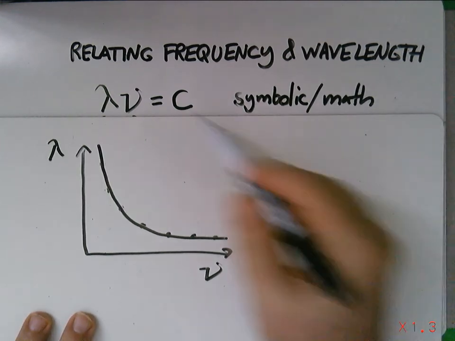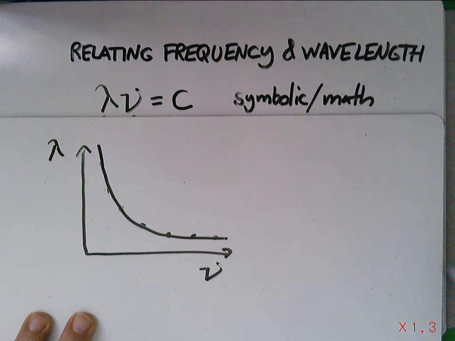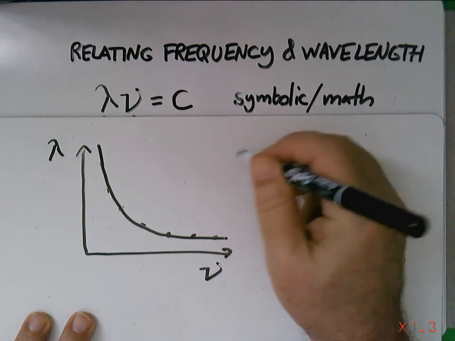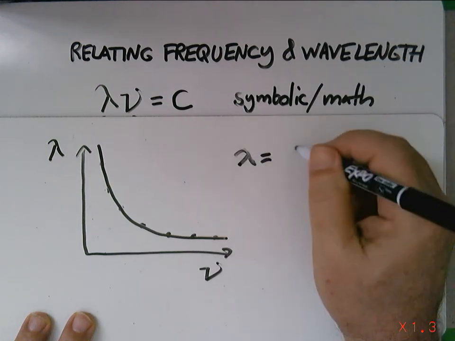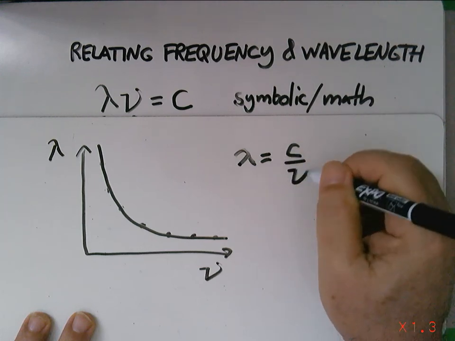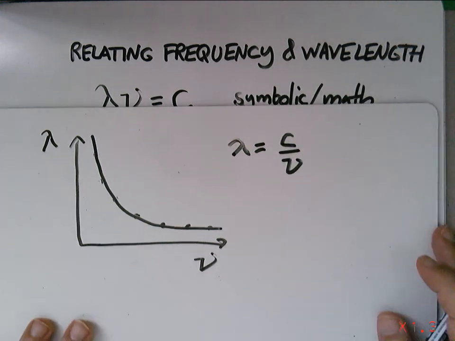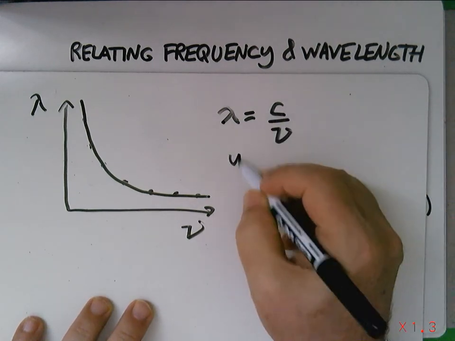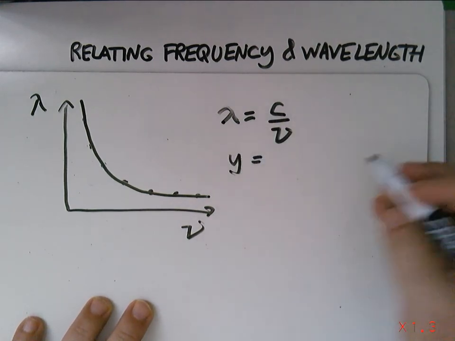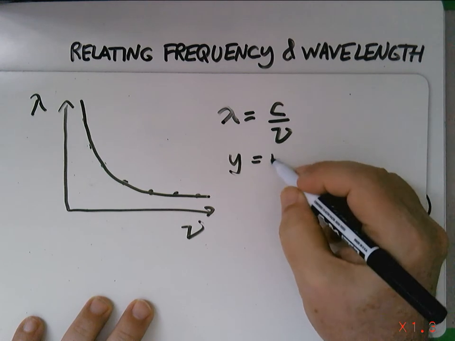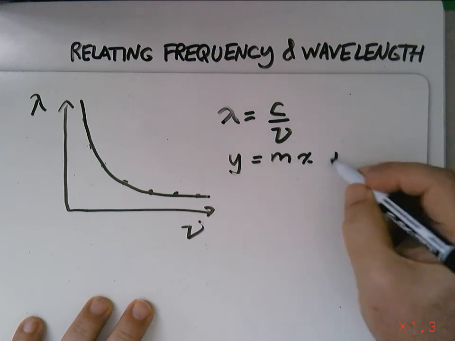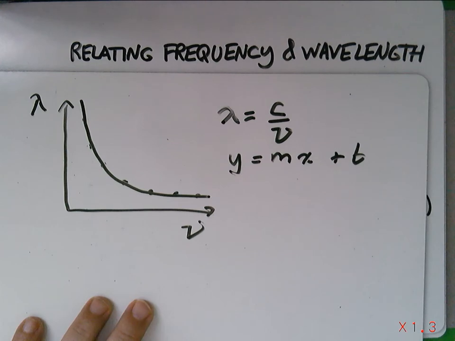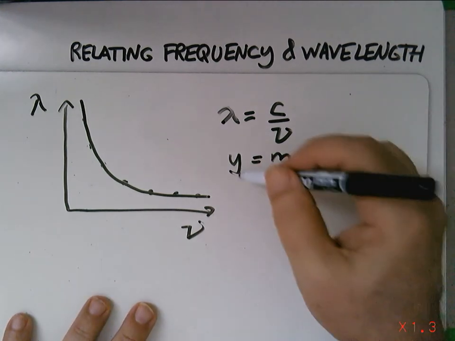What if you divided both sides of this by nu and looked at this equation? So you're calculating the wavelength. Well, this looks kind of like y equals a slope times x plus an intercept, the equation for a line. What is what here?